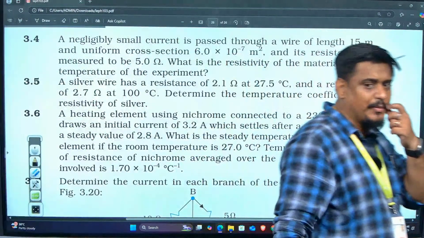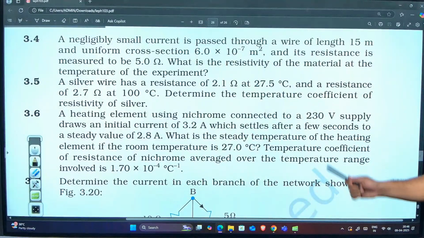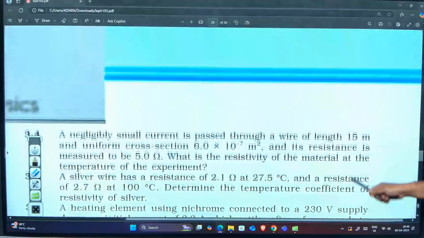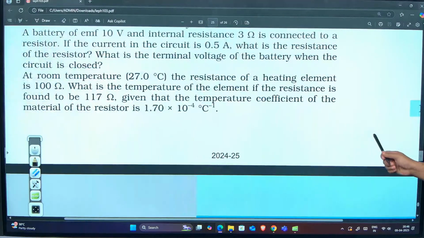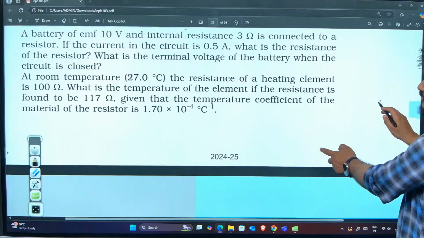Shall I solve it for you people? Okay. So I'll start with 3.3. How to solve 3.3 we'll see first, then we'll go to 3.4, 3.5 and all.